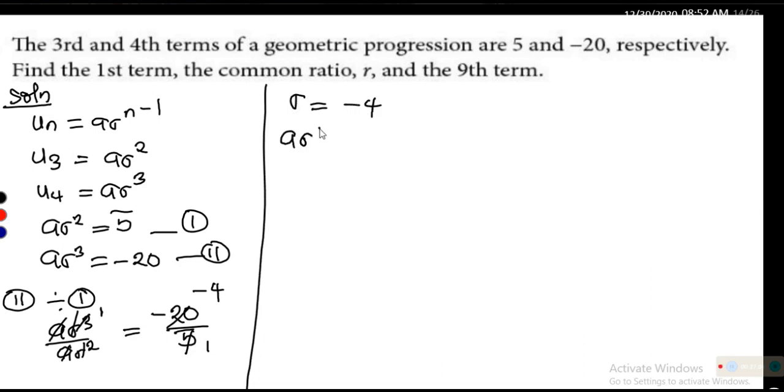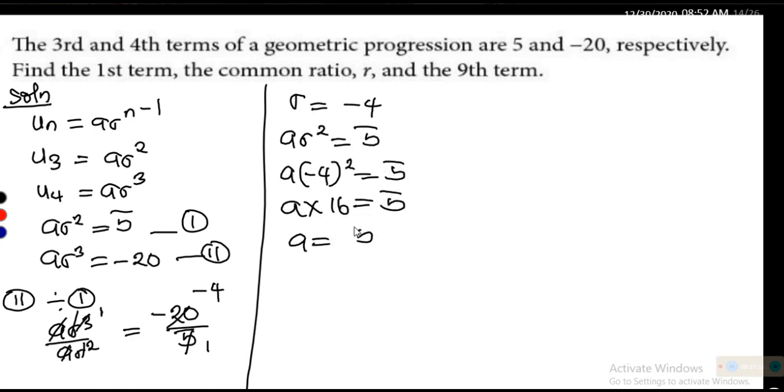And using equation 1, we can find a into -4 squared equals 5, a multiplied by 16 equals 5, and a equals 5/16. And then we have that. Find the first term and the common ratio.